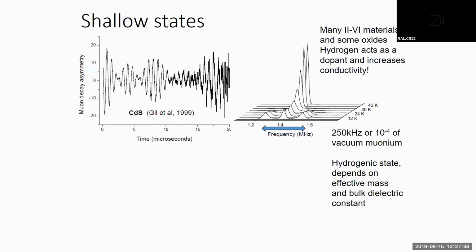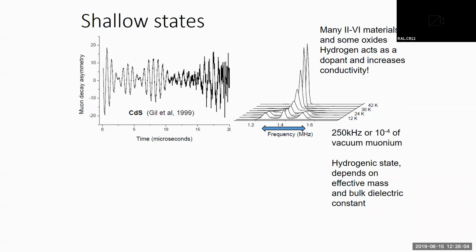This hyperfine splitting is 10 to the minus 4 or so of that of vacuum muonium, and therefore you can work out that the orbital size is quite large compared to the lattice constant. You get a few other examples of it: cadmium telluride, zinc oxide, and so on.